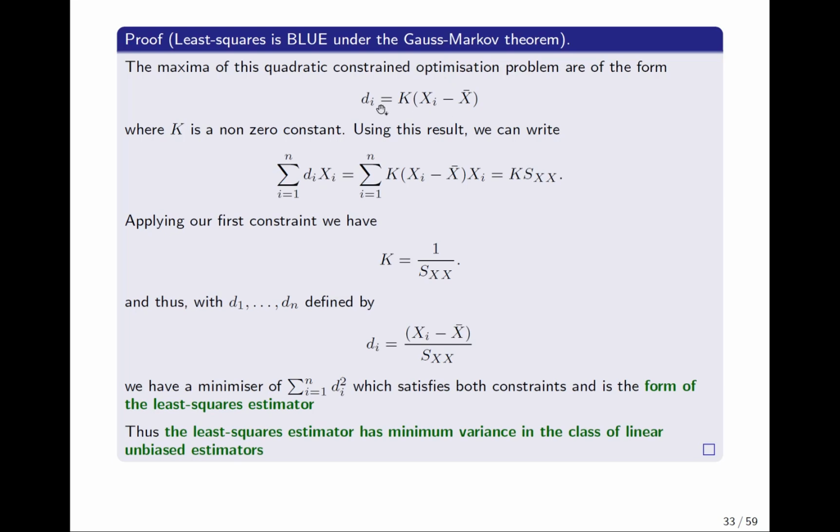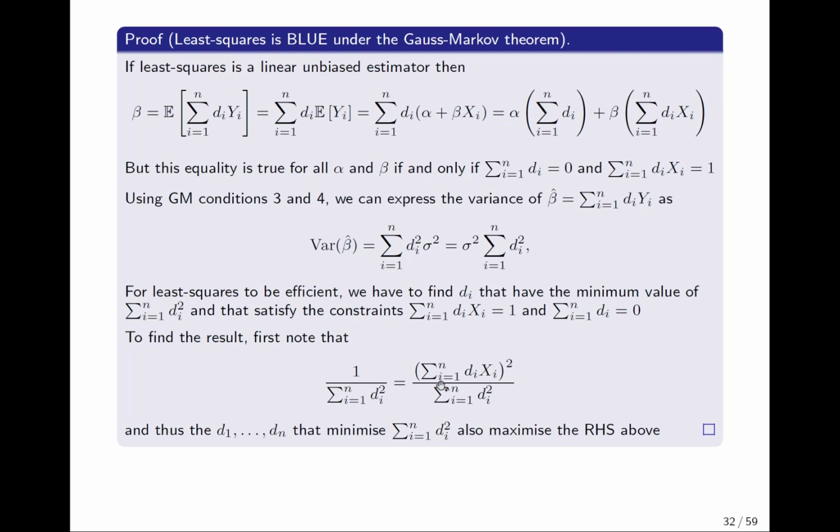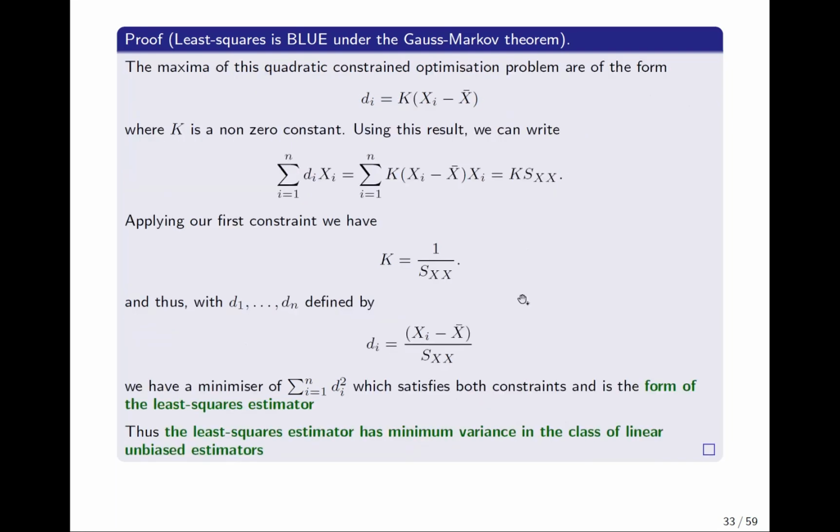So using this result, we can write the sum of dixi as the sum over i of k times xi minus x bar, times xi, which is simply k times the sum of the squares. So the sum of dixi is equal to k times the sum of the squares.